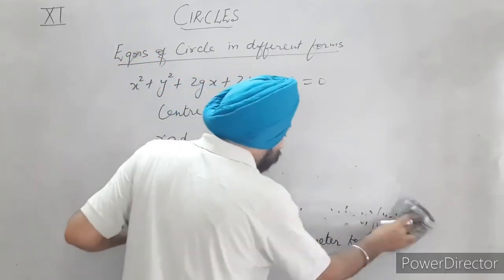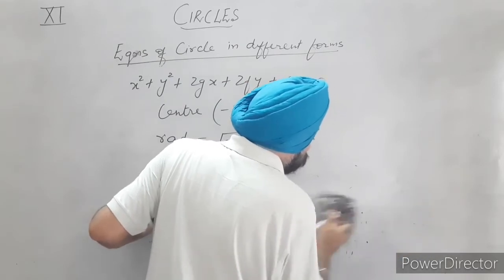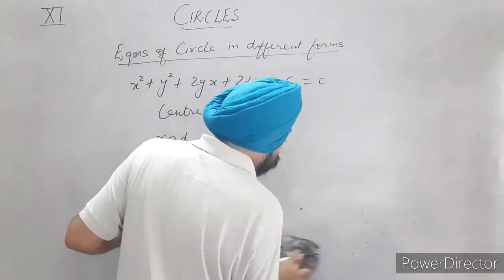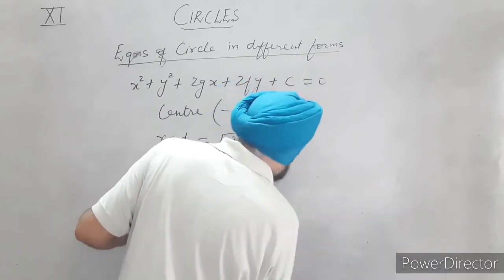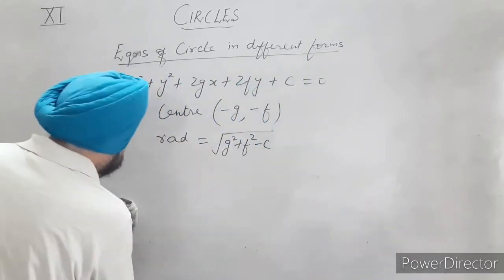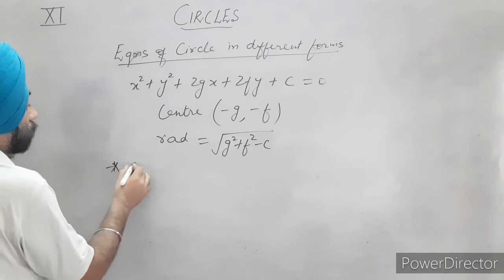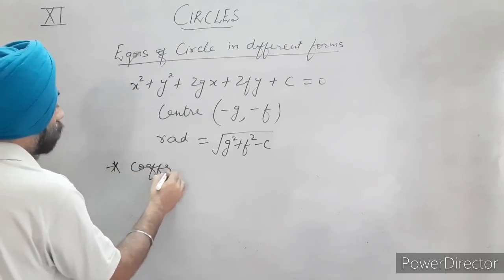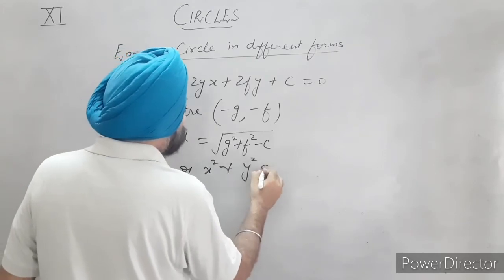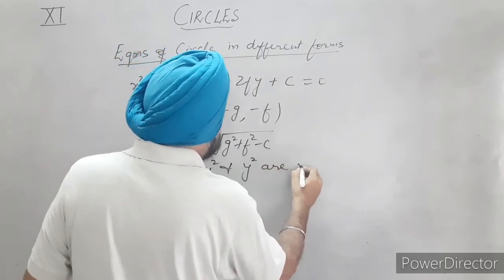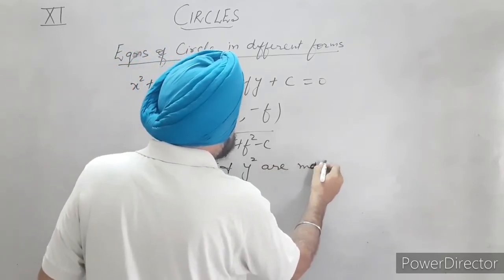Now, before finding the center or the radius of this circle, make sure that the coefficients of x square and y square are made unity.